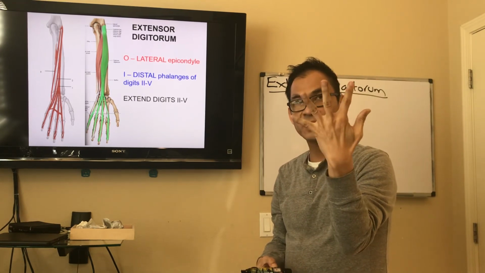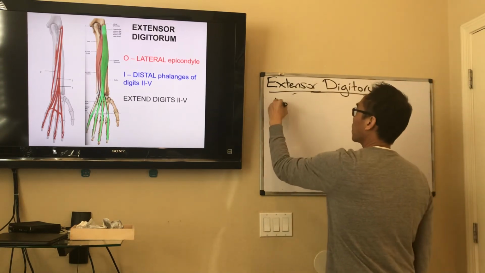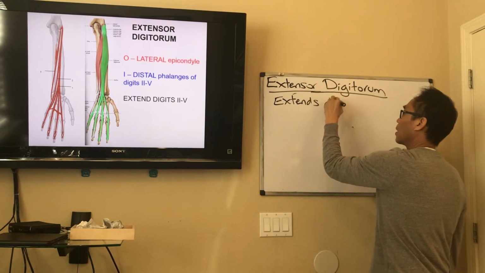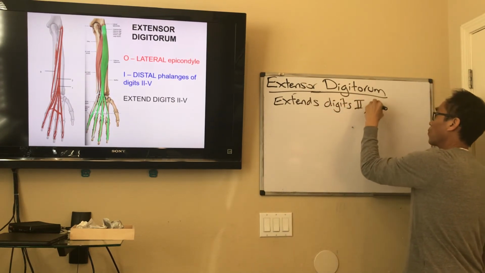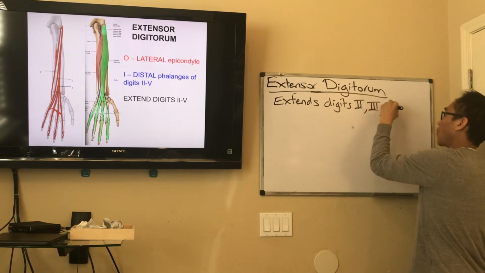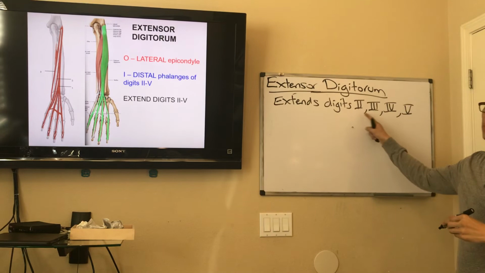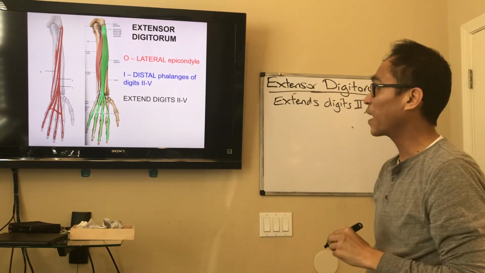So extends digits 2 to 5. So 2, 3, 4, IV, 5. 2, 3, 4, 5. Always use the Roman numerals in anatomy, they really like that.